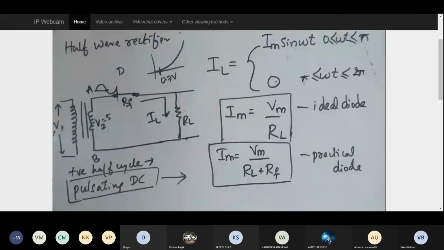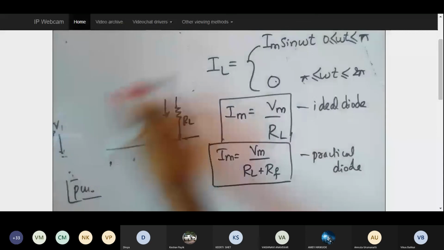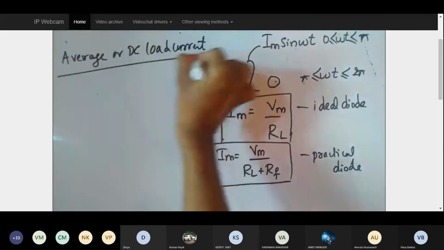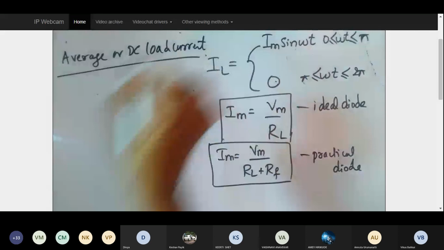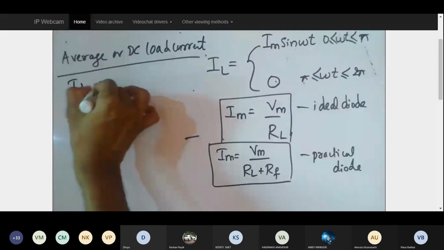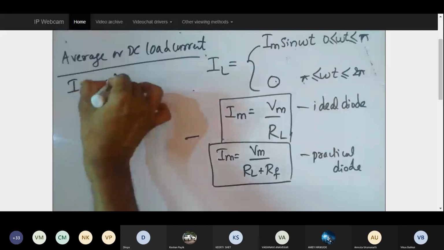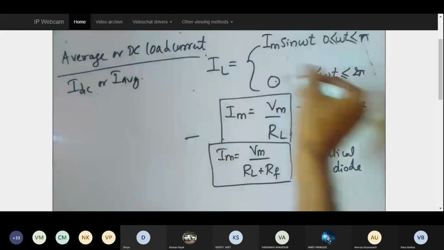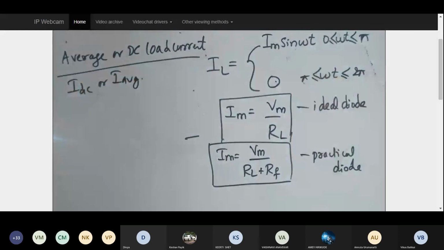In order to tell that, I have to derive an equation by the name average current, average or DC load current, which I usually call by the name IDC or I average. Here I have said that the load current comes as this much. Now the question is, what is the content of DC that is present in the load current?